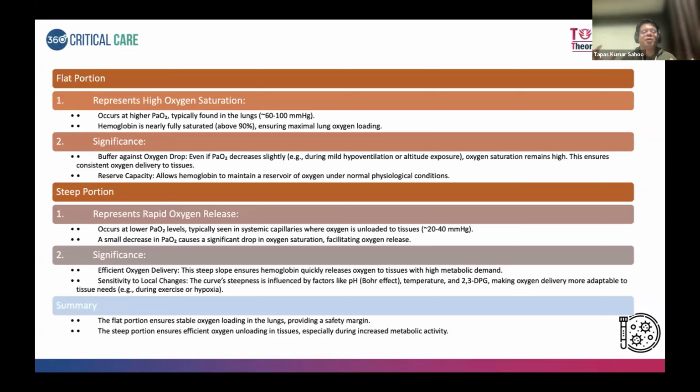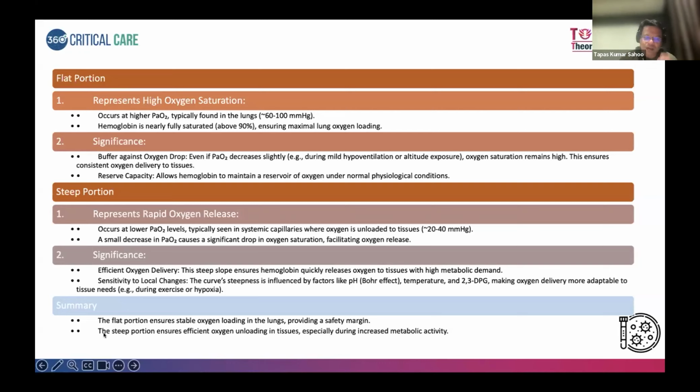So you cannot keep or bind the oxygen to a great extent. The tissues require the oxygen for their metabolic demand. That way, the steep portion helps to release the oxygen with less affinity.